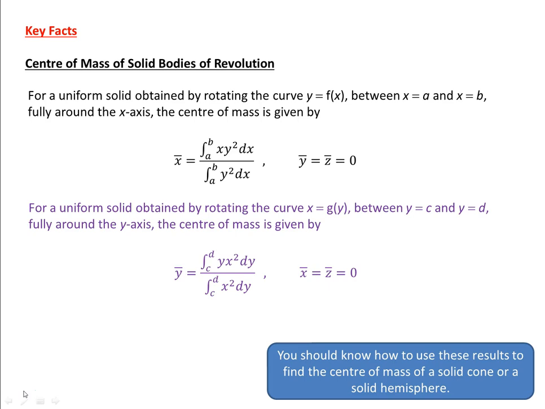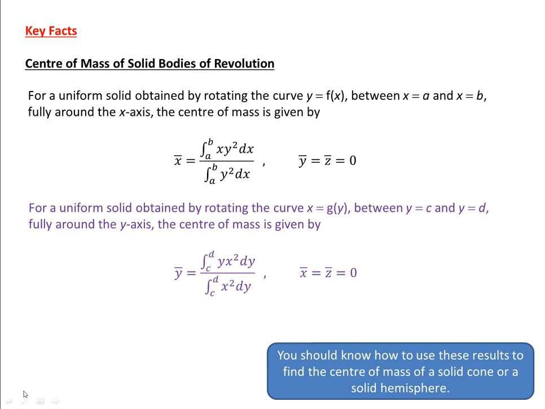For a solid body, which is a body of revolution, if we have a solid which is obtained by rotating the curve y equals f of x between x equals a and x equals b fully around the x-axis, then we need to be able to find the x-coordinate of the centre of mass.